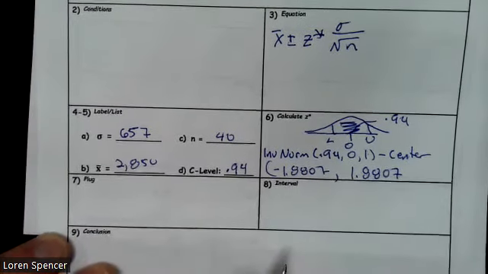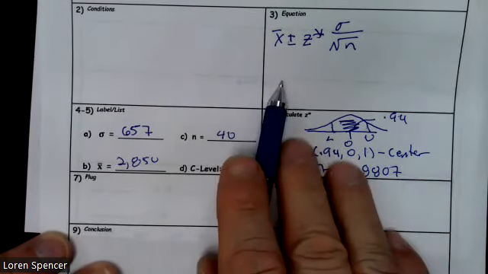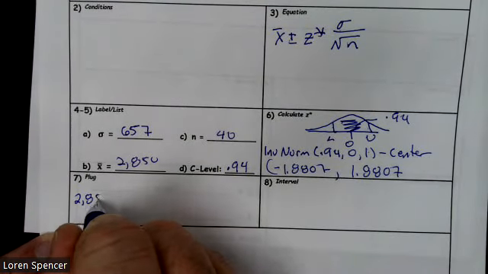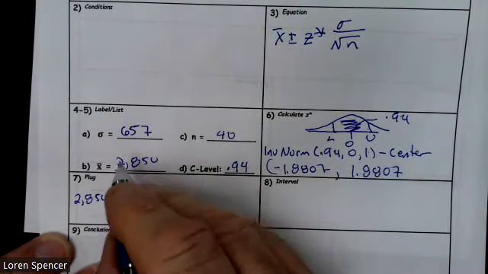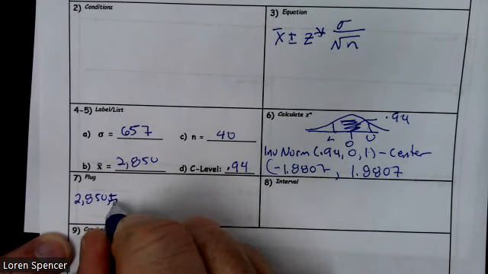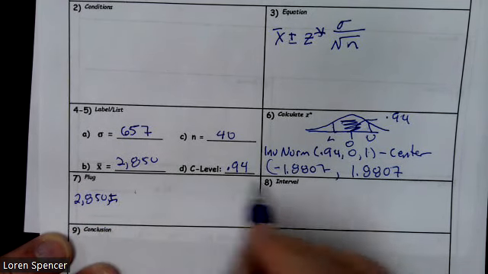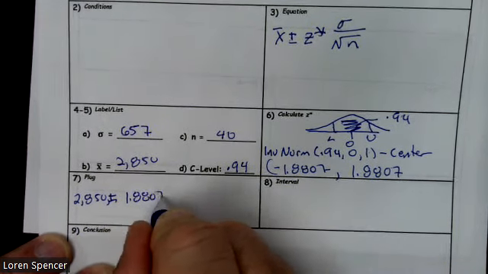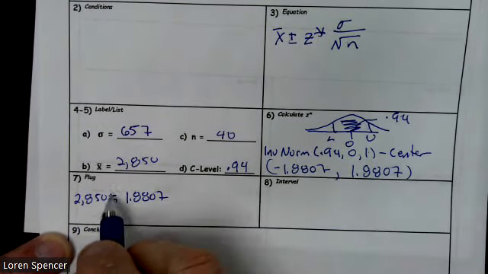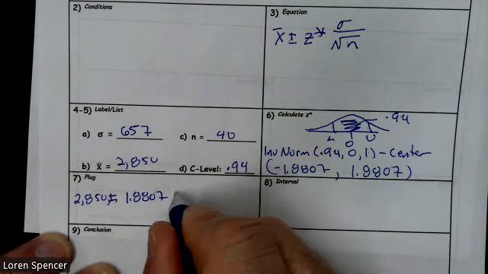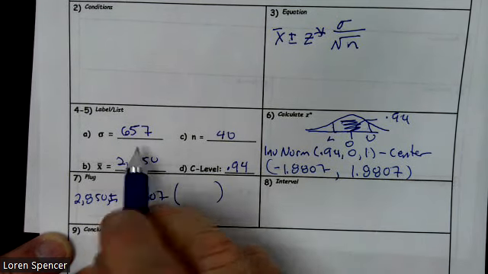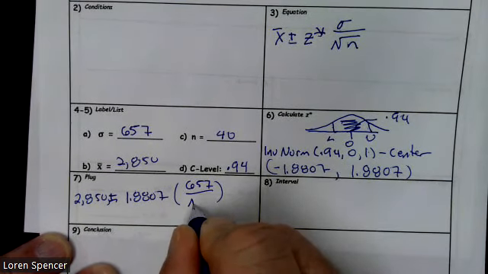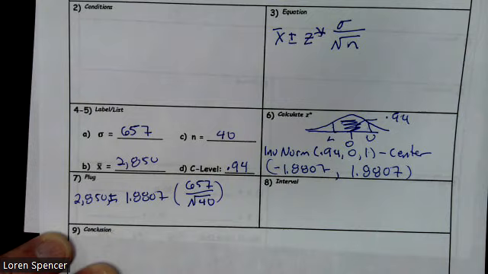Then I'm going to plug my information into my formula. So x bar was 2850, plus or minus my z star, 1.8807. We always want to use the positive. Why? Because we already have a plus or minus as part of the formula. My standard deviation is 657 over the square root of 40.